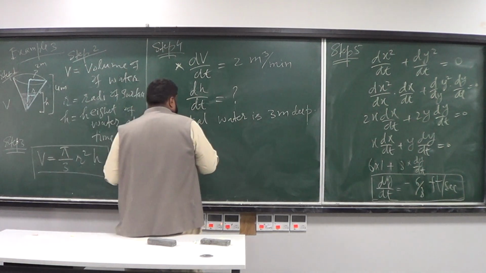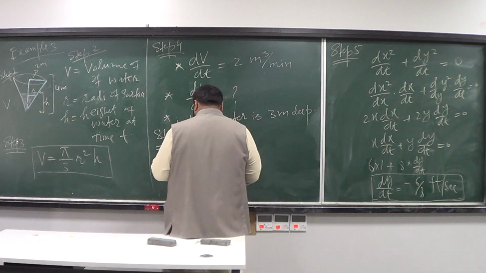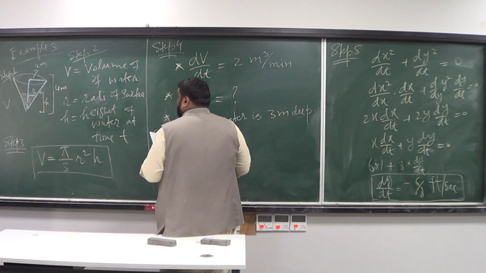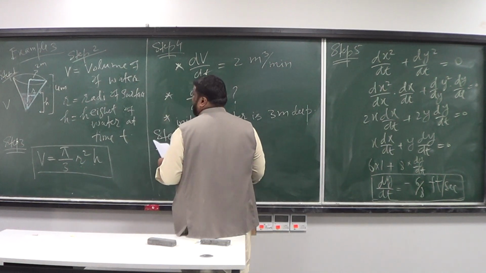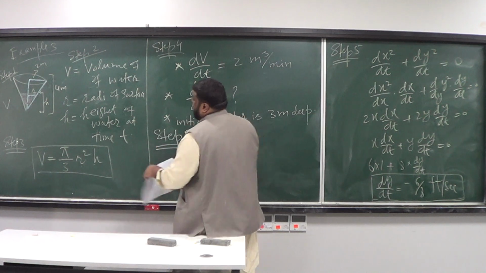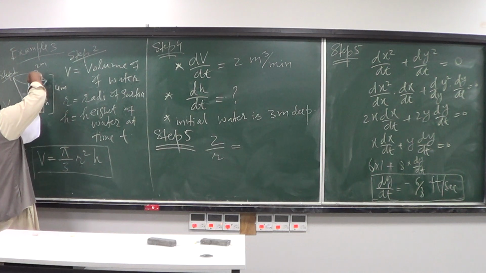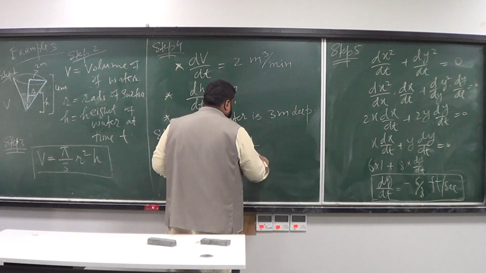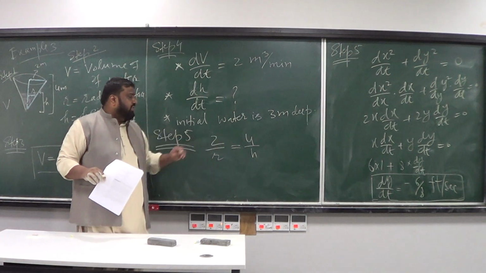that since these two triangles are similar, 2 by r should be equal to 4 by h. So this is 2 and this is r, so 2 by r should be equal to 4 by h. And hence I can express r in terms of h.